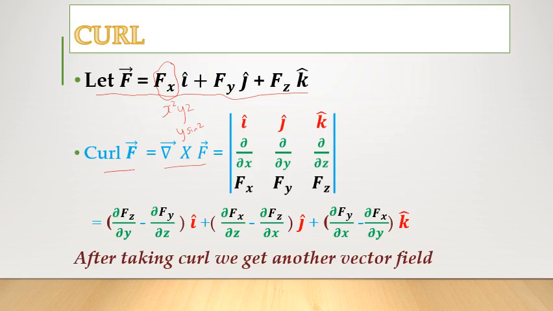It is a determinant here. On the top row, the i, j, k vectors; in the next row, partial derivative with respect to x, with respect to y, with respect to z; and in the last row, the x component, y component, and z component of the field.